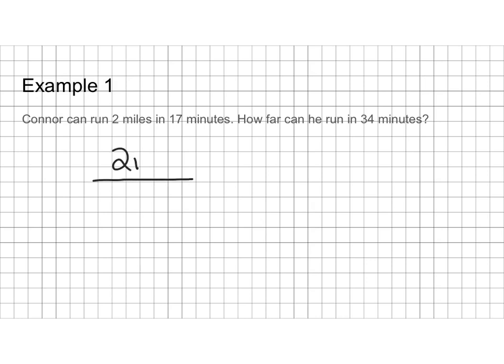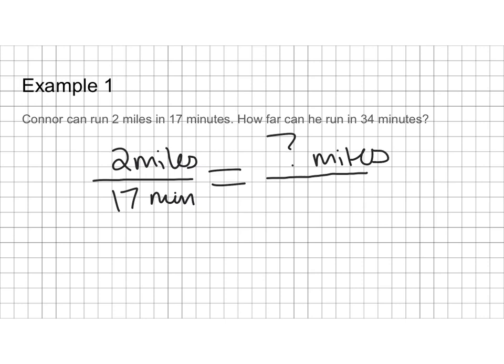So first we have 2 miles in 17 minutes, and that's equivalent to X number of miles, some unknown number of miles, in 34 minutes. And the nice thing about using variables is we don't actually have to include the units on that part. We'll include it in the very end in our answer instead.